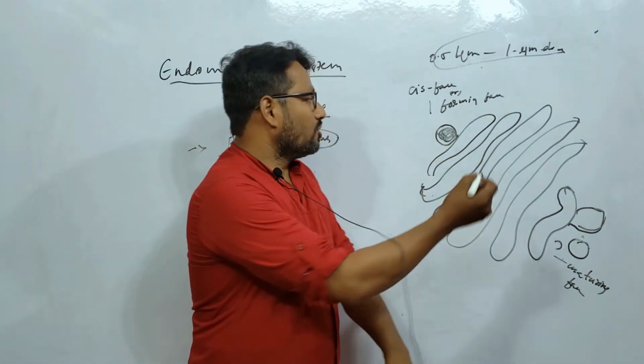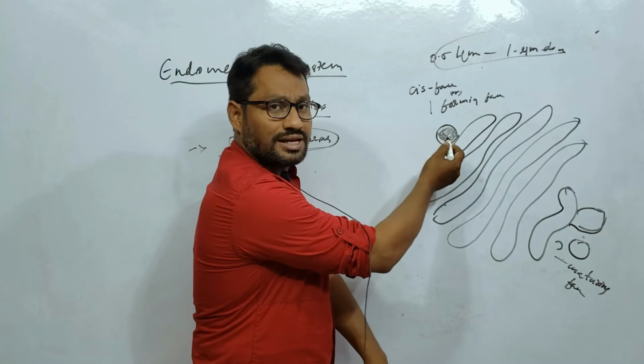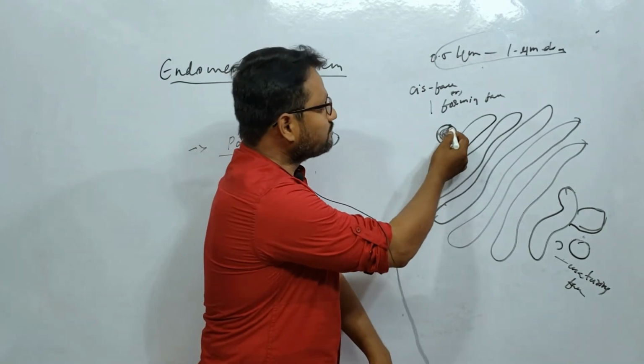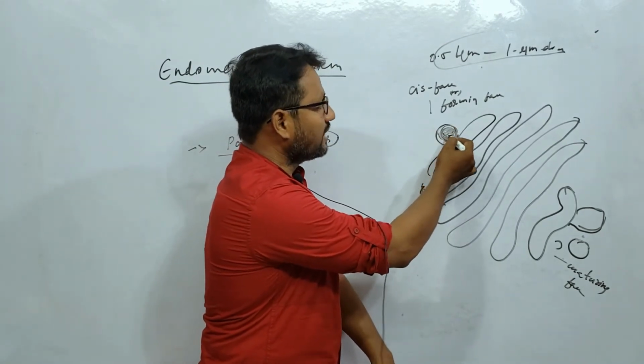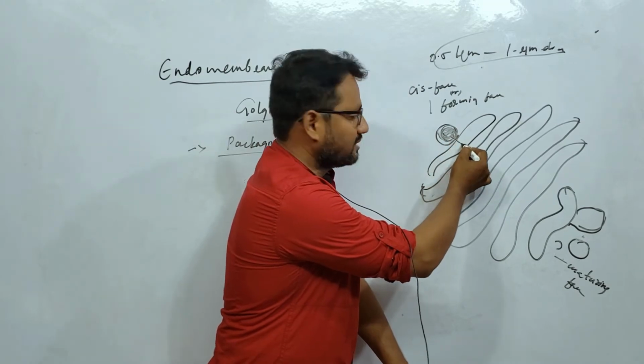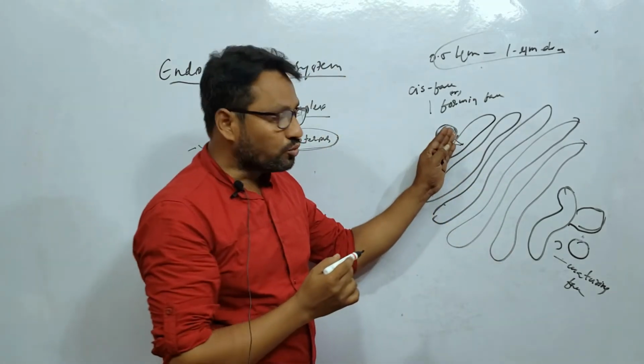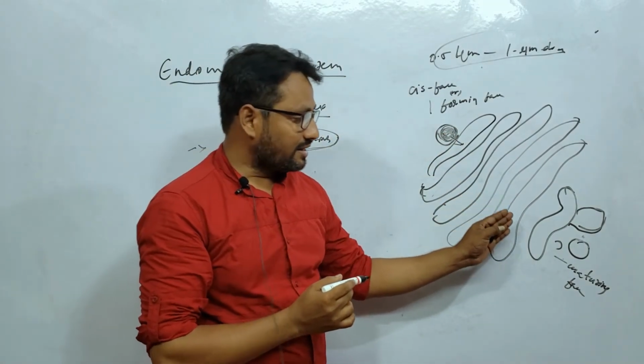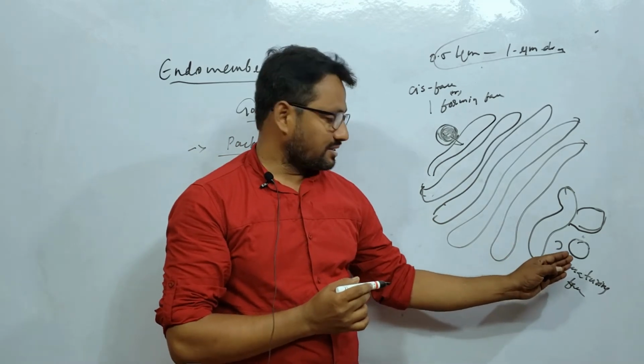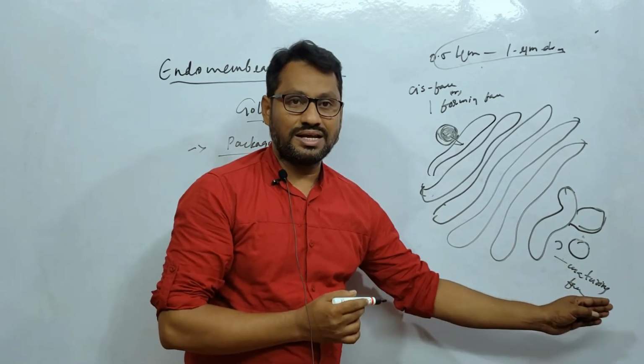Here you are seeing materials which have to be packed. Once these materials reach the cis phase, they fuse there and move along the cisternae and reach the maturing phase before being released.